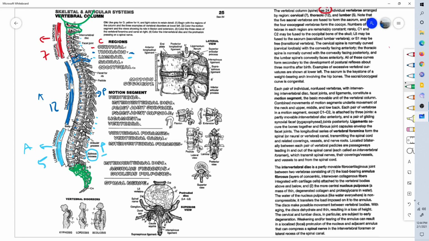And so just know that the spine is not always perfect. It does not look like this on every single person you see. And there are variants, what we call normal variants from the norm. Still normal, but not in the majority.